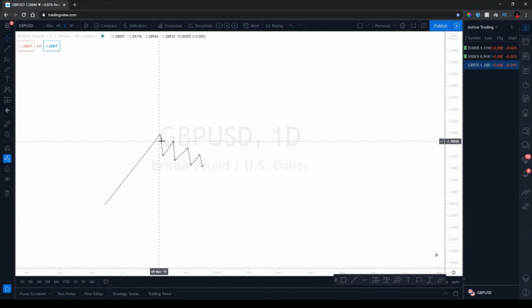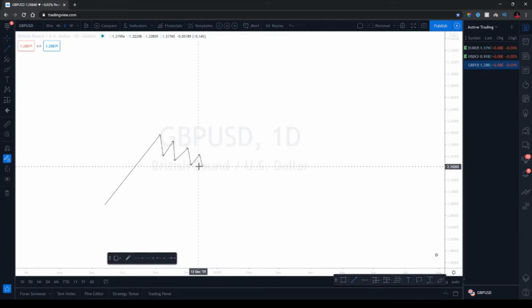And then once we get this pattern, if the pattern goes the opposite direction of the impulse, so our impulse is going up and our pattern altogether is going down, it is confirming that the market still wants to go up.